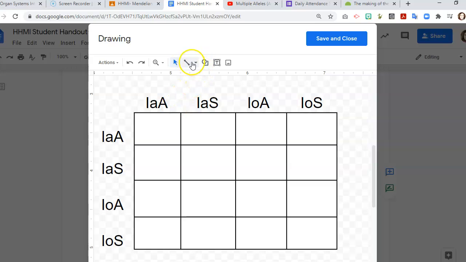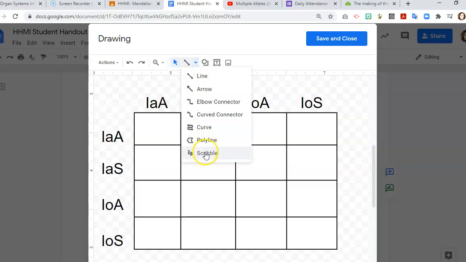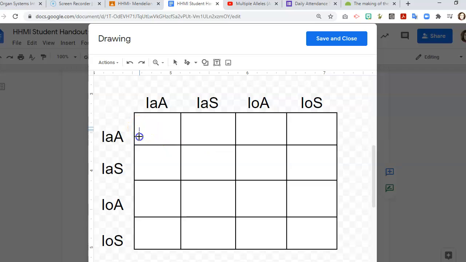So in this case, this guy is going to be I^A, I^A, and lowercase a.